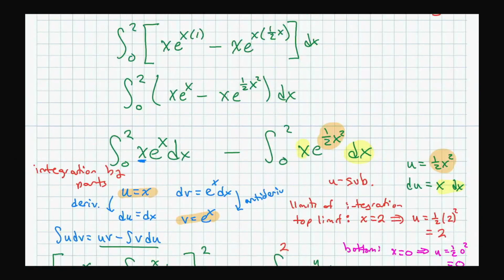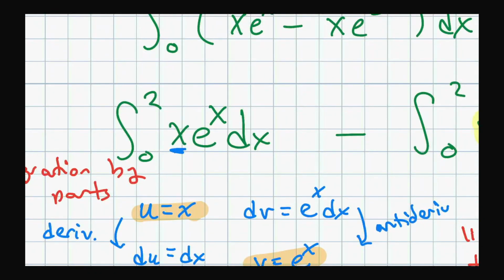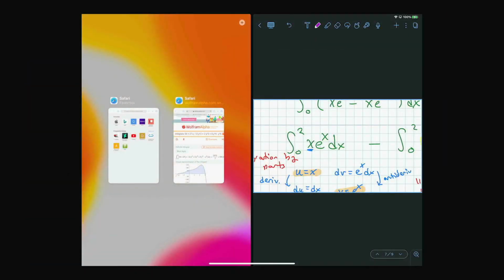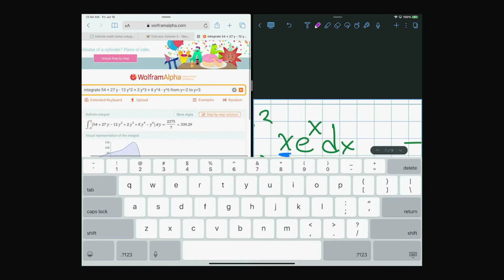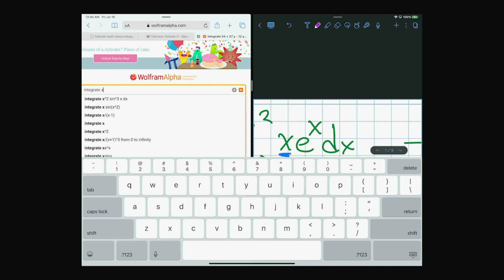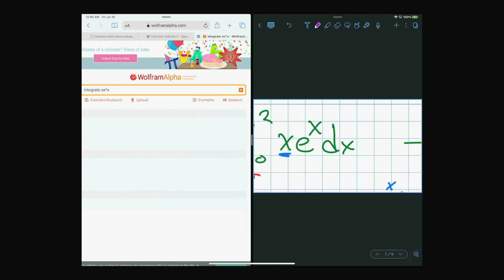You set up this integral, and if you understand integration by parts, but you forget how to do that derivative or antiderivative, you can just go like here. This is the previous problem. You can just go, oh, I forgot what the antiderivative of x e to the x is, or how to do it.